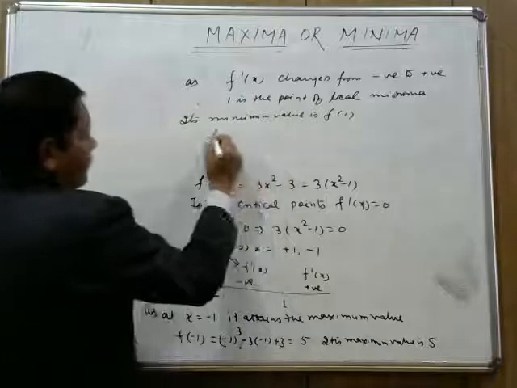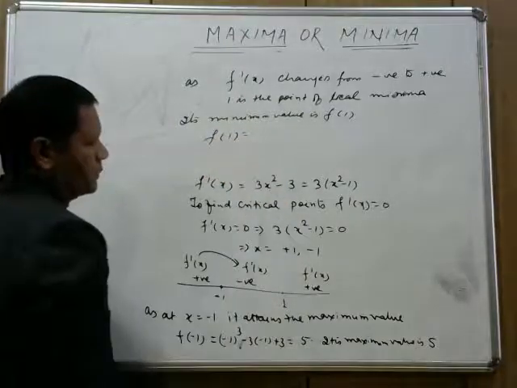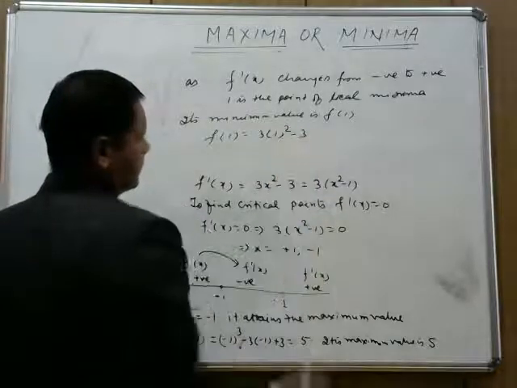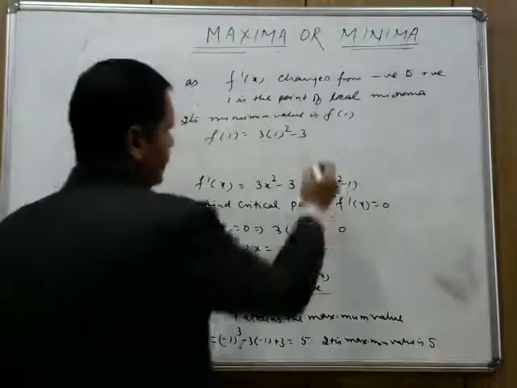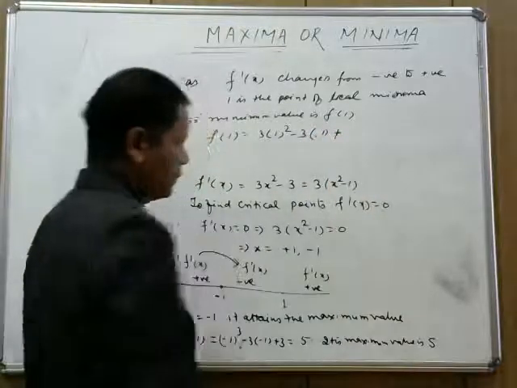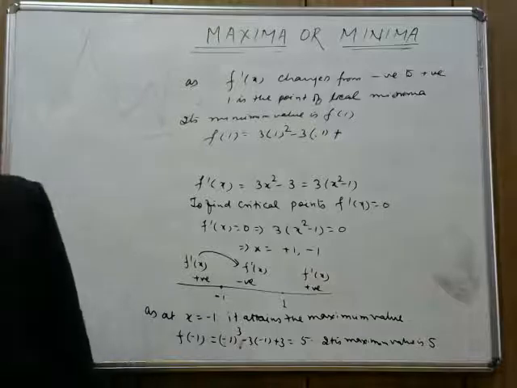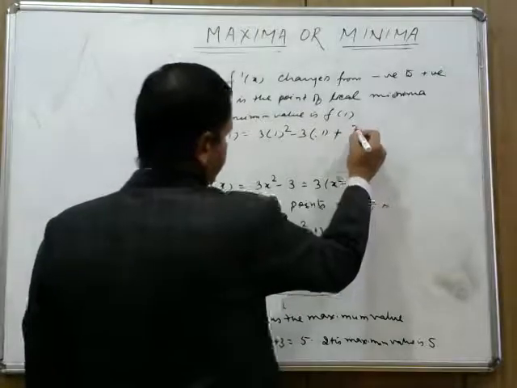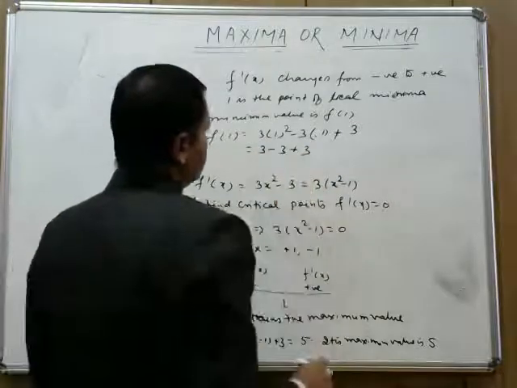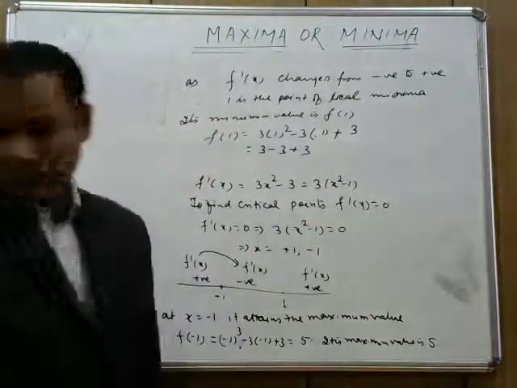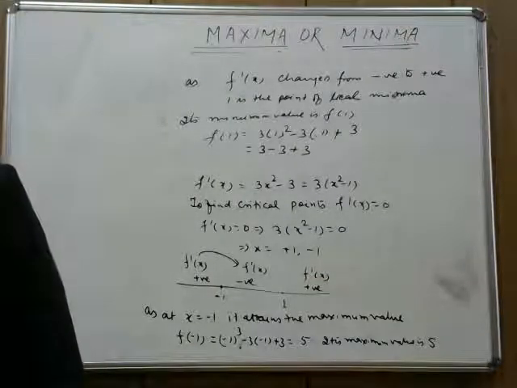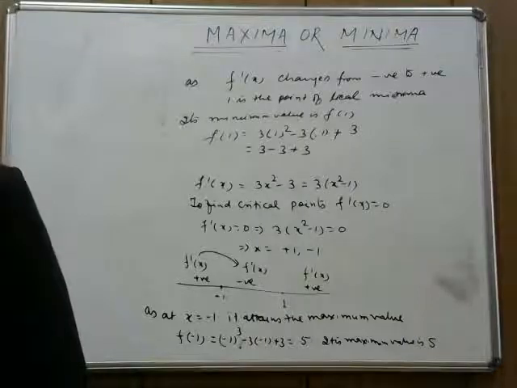Now we'll find out f of 1. F of 1 will be equal to 1 cube minus 3 into 1 plus 3. That means 1 minus 3 plus 3 will give you 1 only.